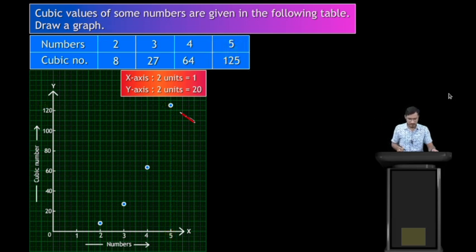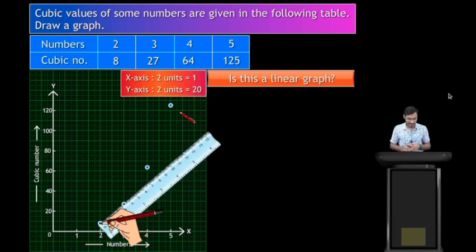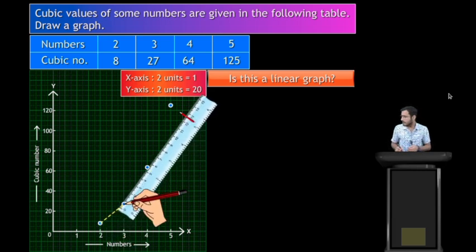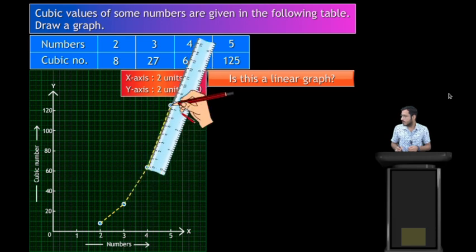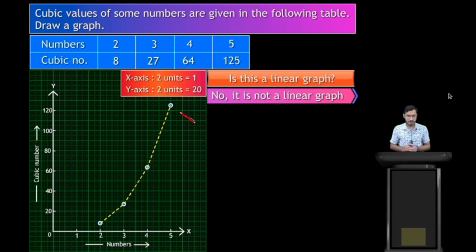Now when we join all 4 points, is this a linear graph? No, it's not a linear graph. You can see when we join all 4 points, it's not a straight line. So that means no, it is not a linear graph.